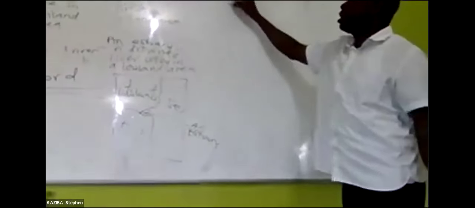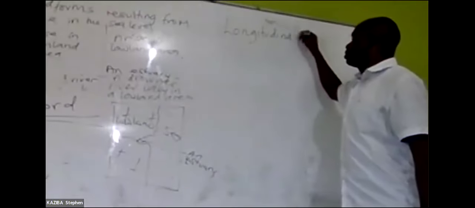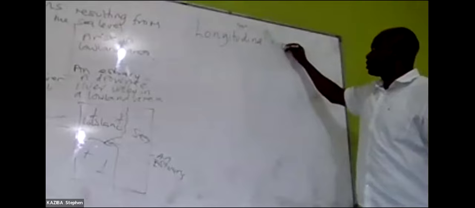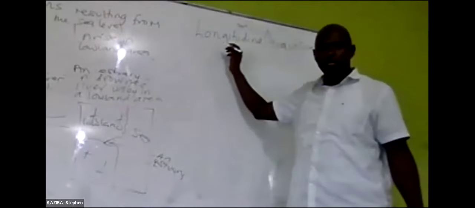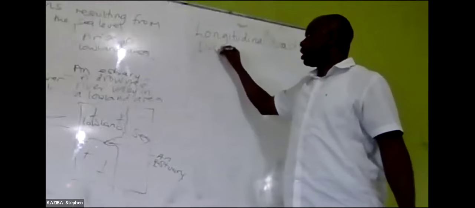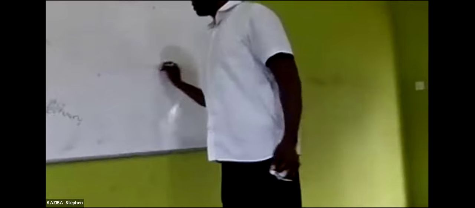So we have what we call longitudinal coastline. They're also called Dalmatian coasts. Now here we have a coast in this format.